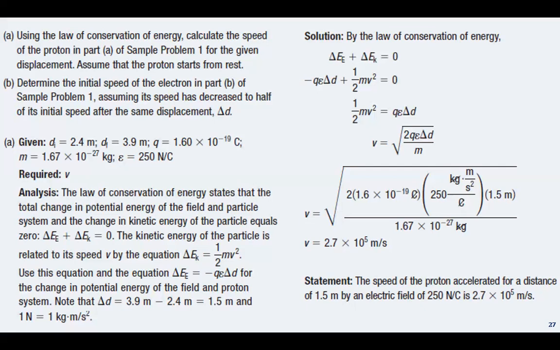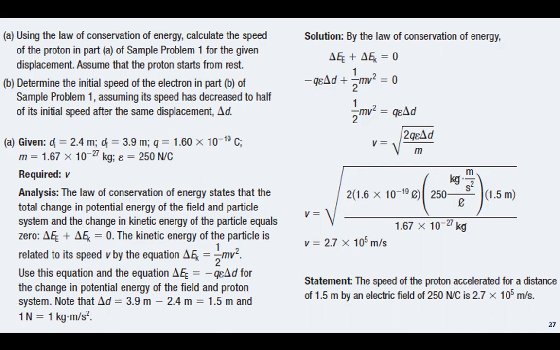So we have the following relationship. We can combine these equations. First, delta EE plus delta EK equals 0. Second, negative Q epsilon delta D plus 1/2 times m times v squared is also 0.